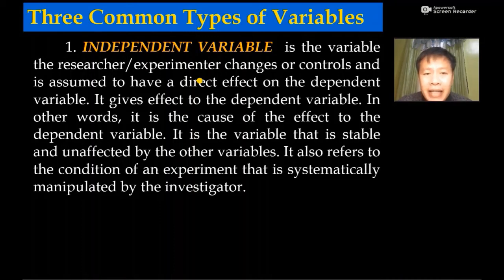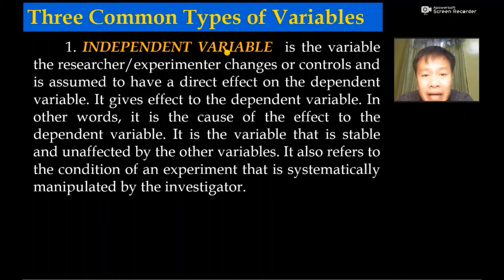It is the cause of the effect to the dependent variable. It is the variable that is stable, meaning it does not receive effect. The variable that produces impact, effect, or influence to the dependent variable, that is the independent variable.